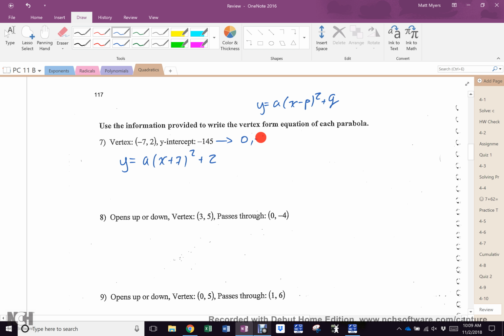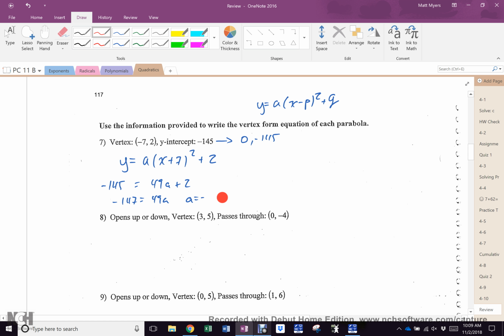That is 0, negative 145, right? So where does that 0 go? For x. So when 0 goes for x, this becomes 49a plus 2, correct? This is negative 145. Minus 2, negative 147 equals 49a. a equals negative 3.